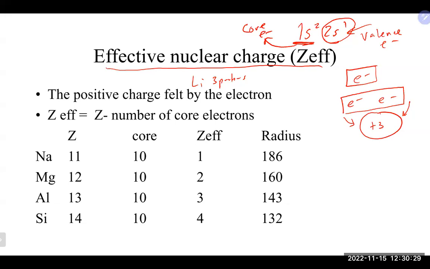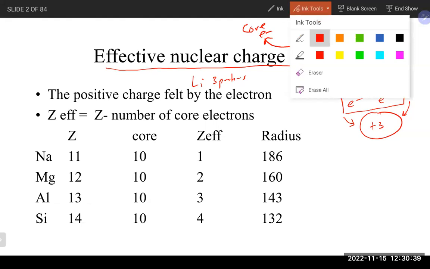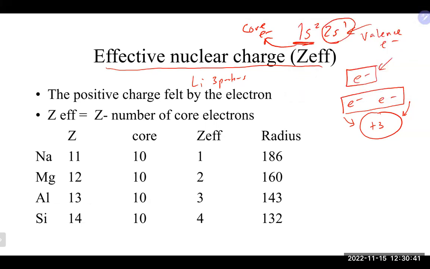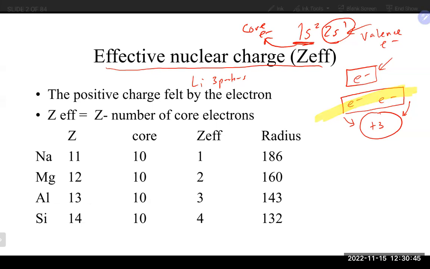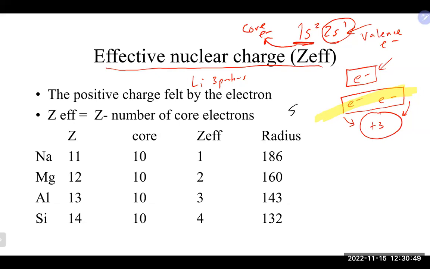But the idea here is that this valence electron out here does not feel the full brunt of the nuclear charge, because it has electrons in front of it doing a process known as shielding. It is shielding that outer electron from the full brunt of that positive charge.